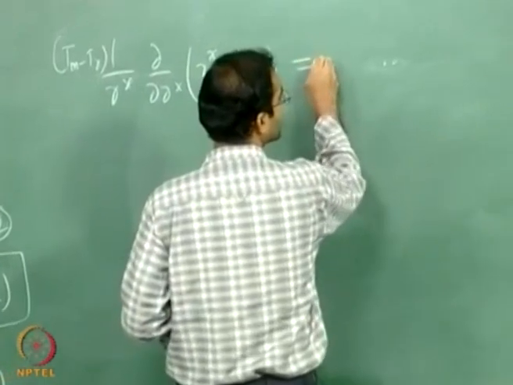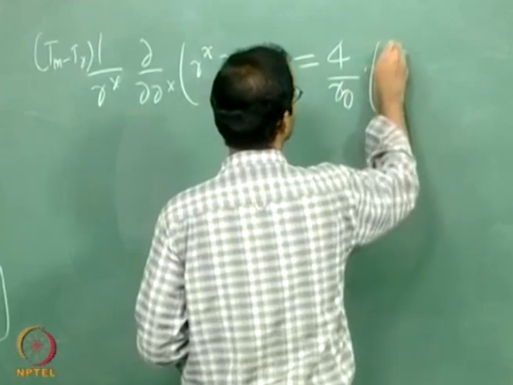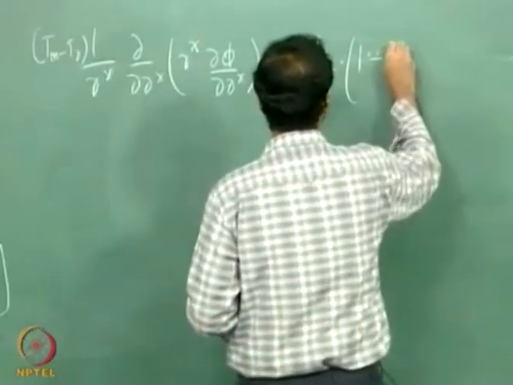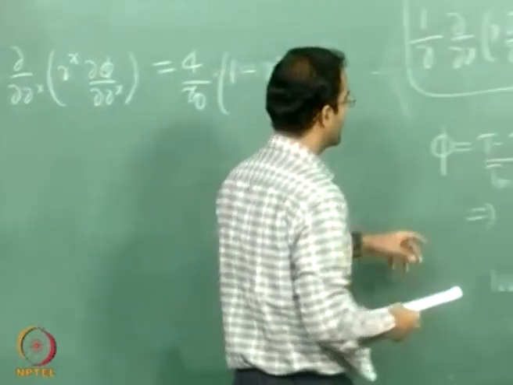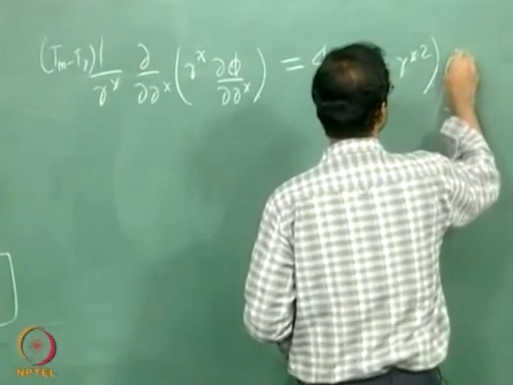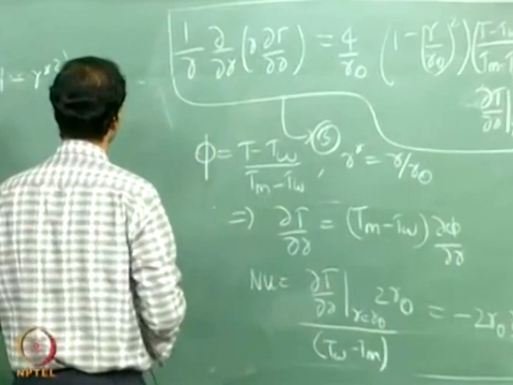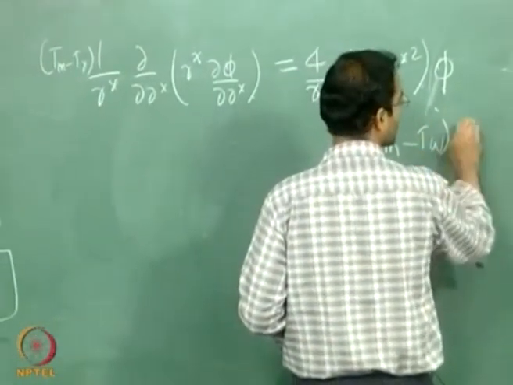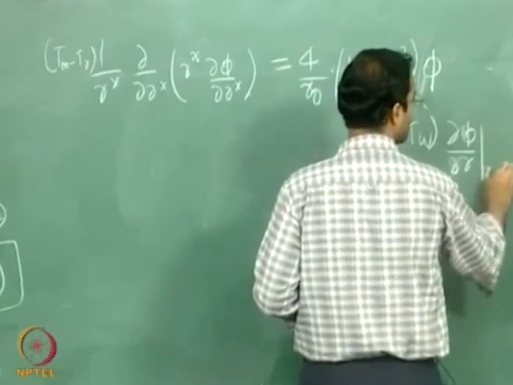This should be equal to 4 by r naught into 1 minus r by r naught, which is r star, squared, so r star square, times T minus T wall by Tm minus T wall, which is phi, and dT by dr is again Tm minus T wall into d phi by dr at r equal to r naught.